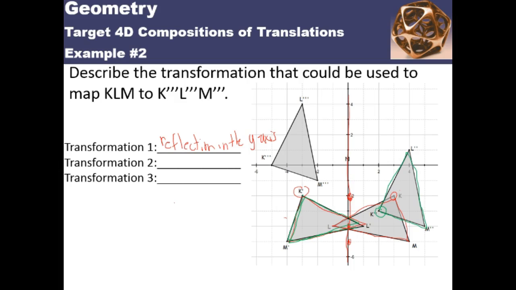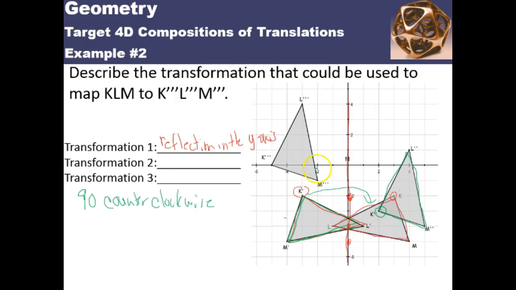Now that to me looks like a rotation. So let's try the rotation rule again. This time K prime looks like it's going over there. And again, this would be a counterclockwise rotation. So I'm guessing it's 90 counterclockwise, but we'll just double check.